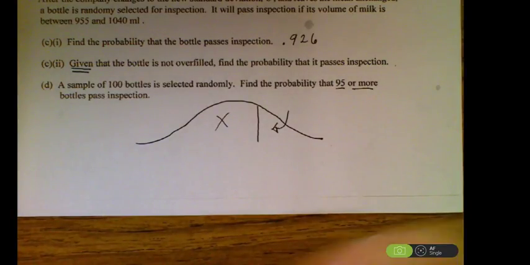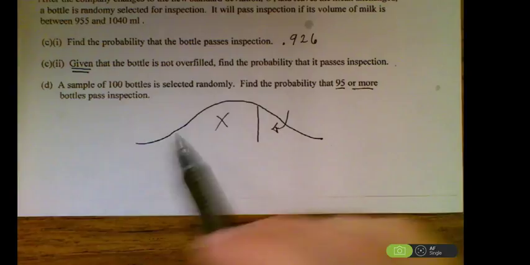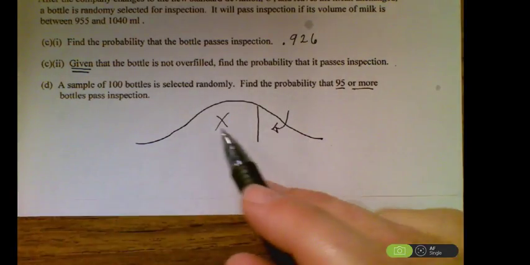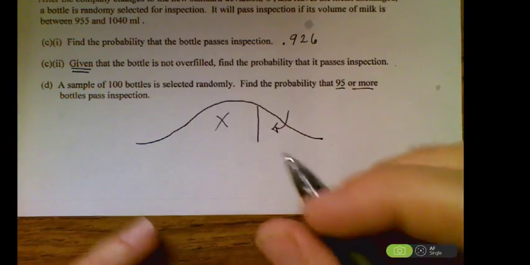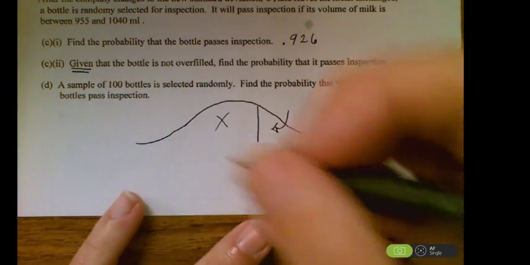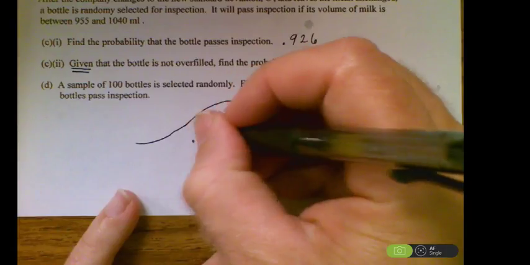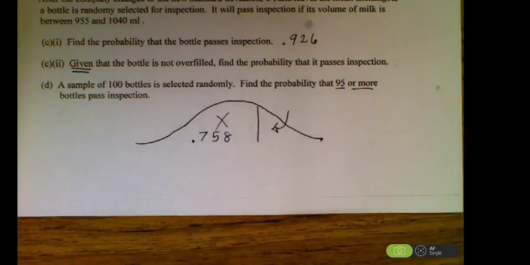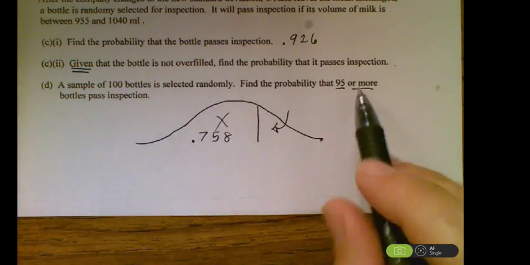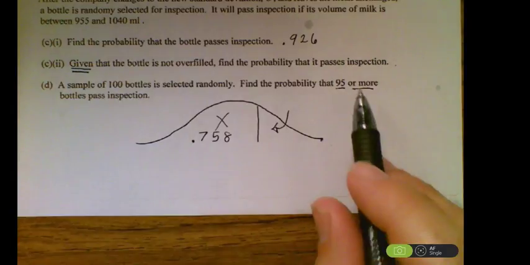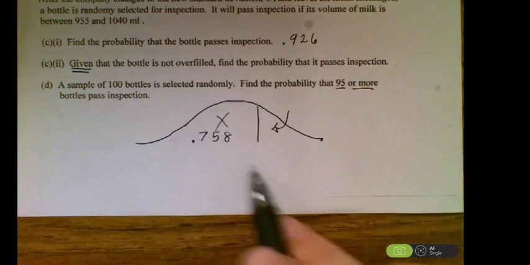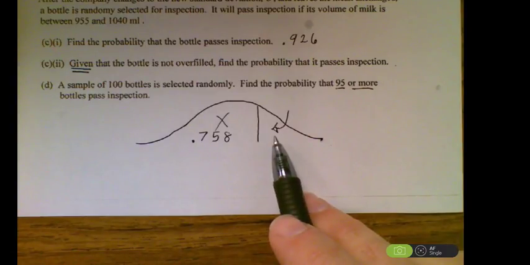So for these problems, it helped me to view everything in light of this drawing. And so when I got my probability of 0.757 whatever, this is what the calculator gave me when I did my binomial CDF. So I then understand here's what the question is really asking me for based on that wording right there. And so that's how I knew to subtract this from 1 in order to get this answer that they're looking for.